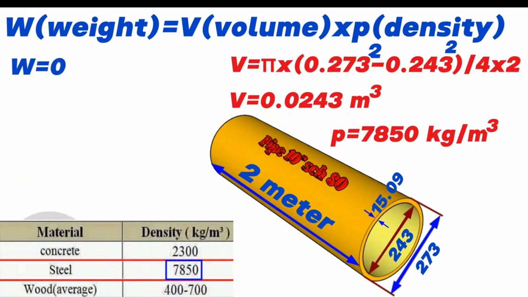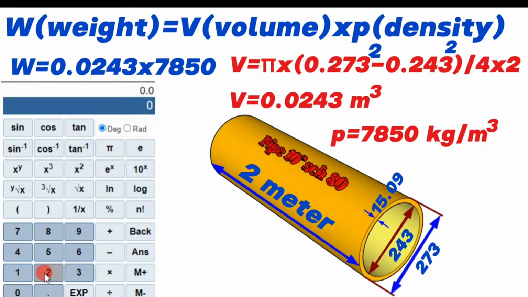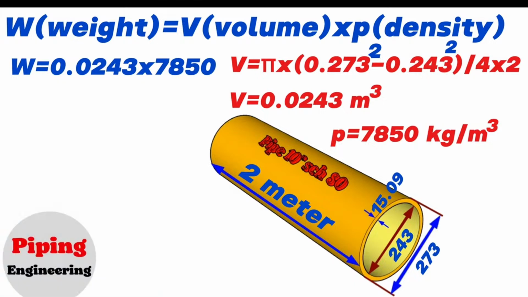Weight equals volume 0.0243 cubic meters multiplied by the density of the material of the pipe, 7,850 kg per cubic meter. Using the calculator, 0.0243 multiplied by 7850 equals 190. So the weight of the 10-inch pipe in our example equals 190 kilograms.